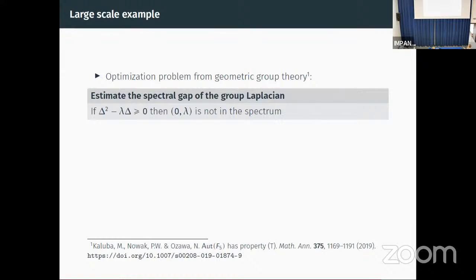So this is a Laplace operator, and if I can prove that this expression, delta squared minus lambda delta, is non-negative in the positive semi-definite sense, which I translate to being a sum of squares of elements in the group algebra, then this whole interval between 0 and lambda is not in the spectrum. So we have a lower bound estimate on the spectrum.